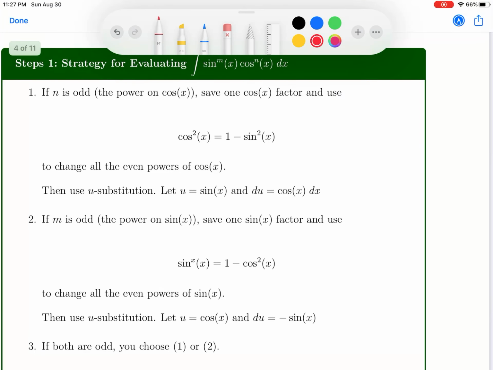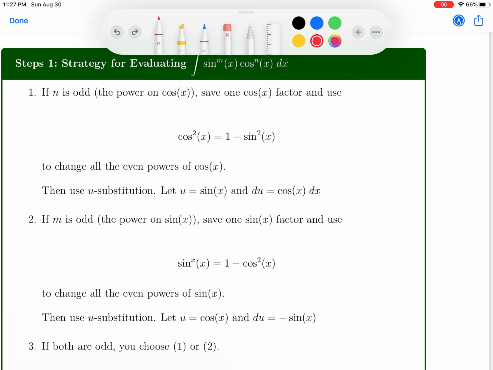What's the strategy here? The strategy is the following. Number 1, if n is odd, so if the power of cosine is odd, save one cosine factor and use this identity here. We did it before. We just did it.